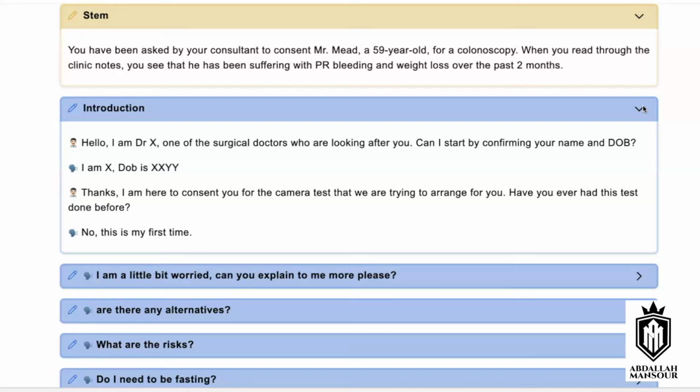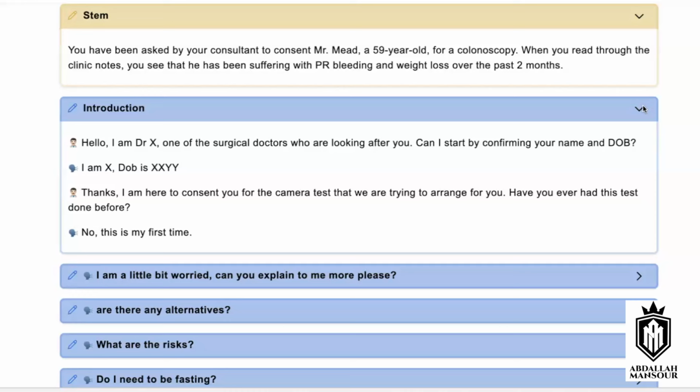Okay, so this is a camera test. What we're going to do is take an instrument, such as an endoscope, which has a camera in it, and pass it from your anus, and we're going to look inside your bowels to see if there are any abnormalities.